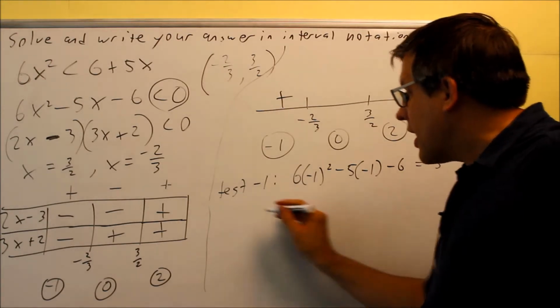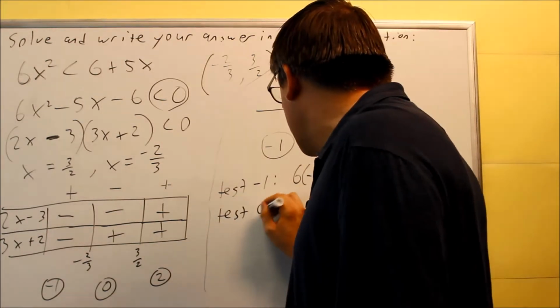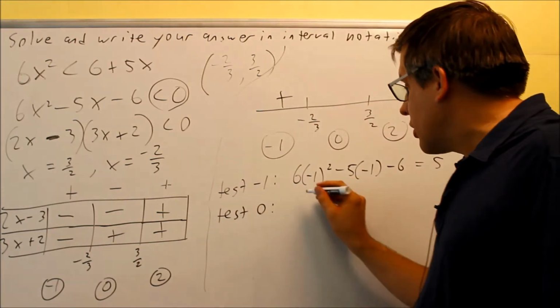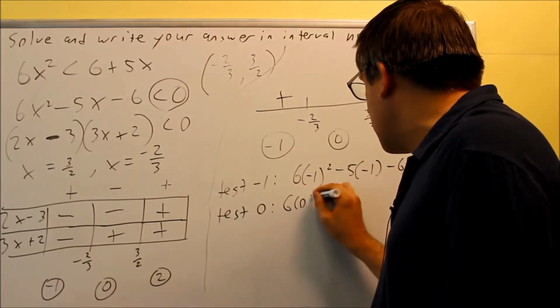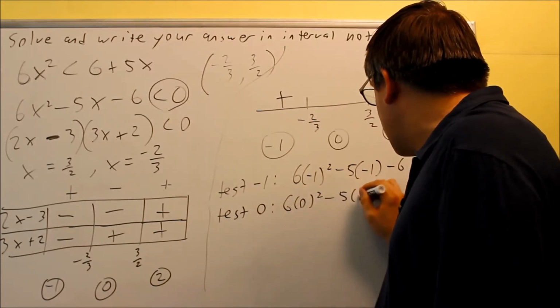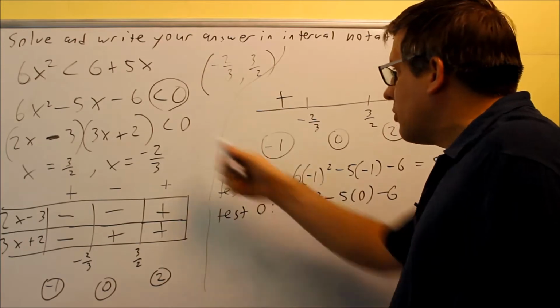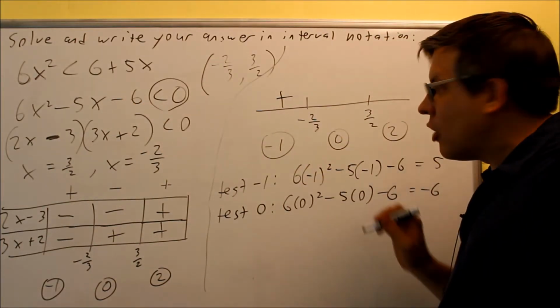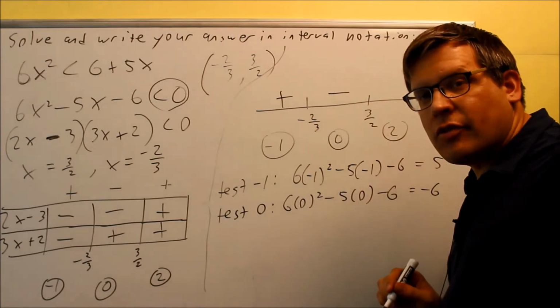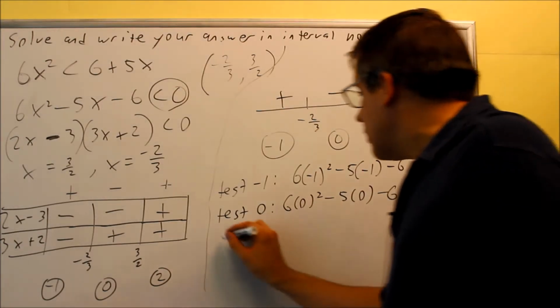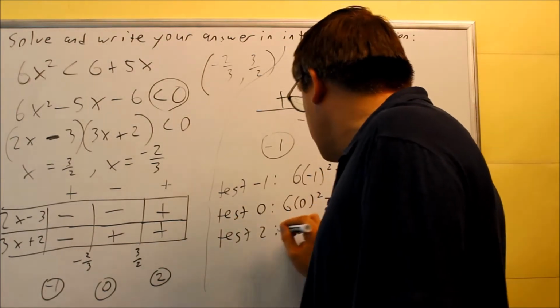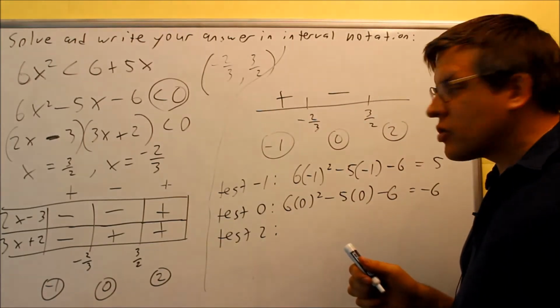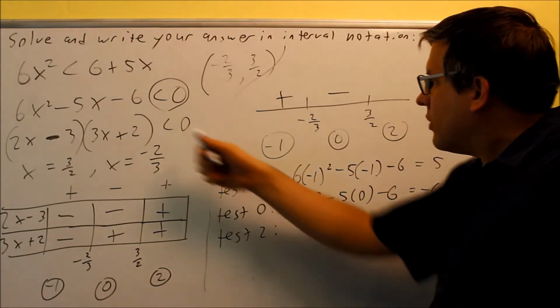Next, I want to test 0. Okay, so 0 is going to go in here. I have 6 times 0 squared minus 5 times 0 minus 6. I'm just using this equation right here. I get -6 as a result, which means that this is going to be negative on my number line. Then you want to test 2. Okay, so 2 is going to go into the same one again.